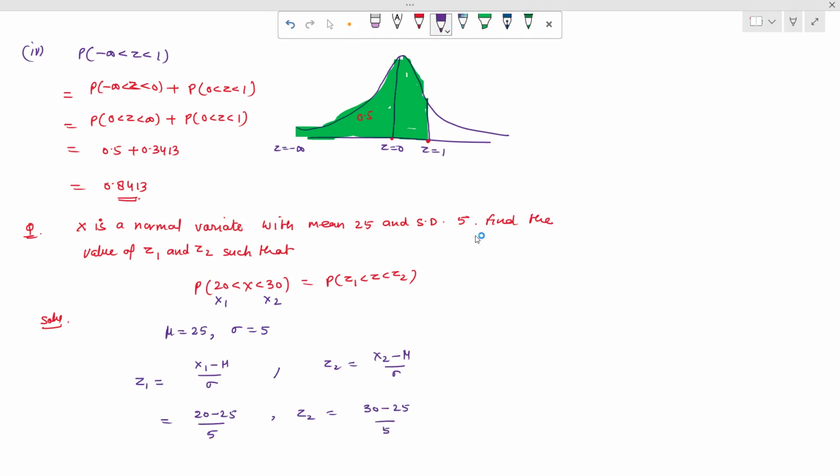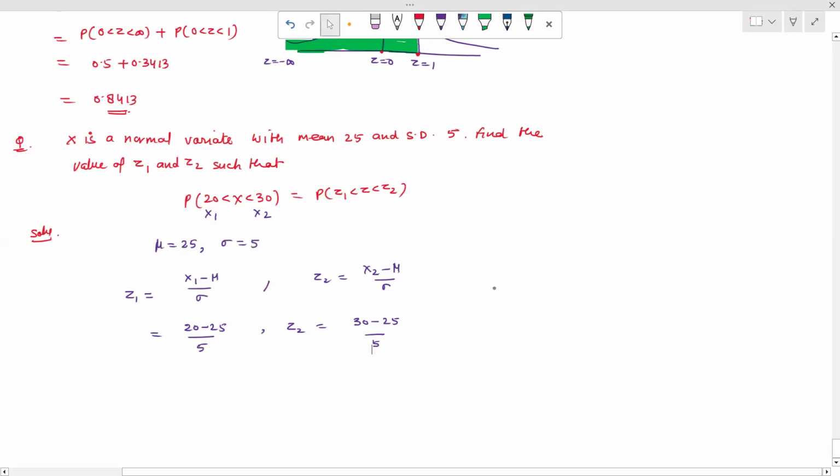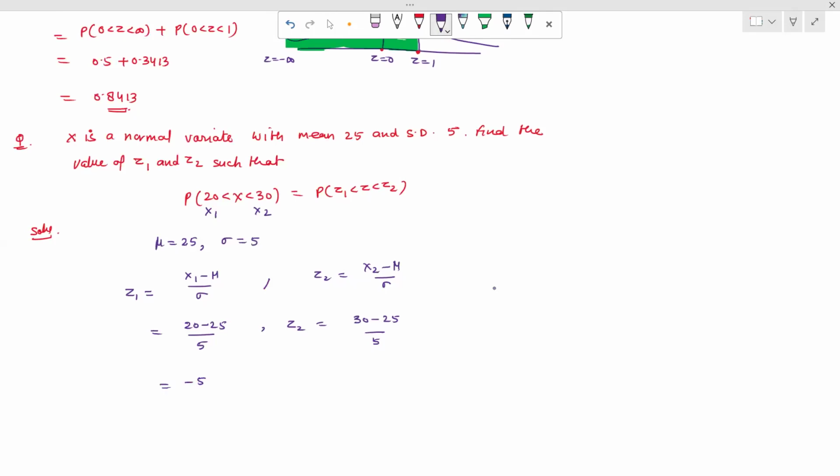सो जो वैल्यूज आएंगी Z1 और Z2 की वो क्या आ जाएंगी, ये आ जाएगी हमारी -5/5 विच इज इक्वल टू -1 और हियर this is 5/5 which is 1. So the value of z1 is -1 and z2 is +1.